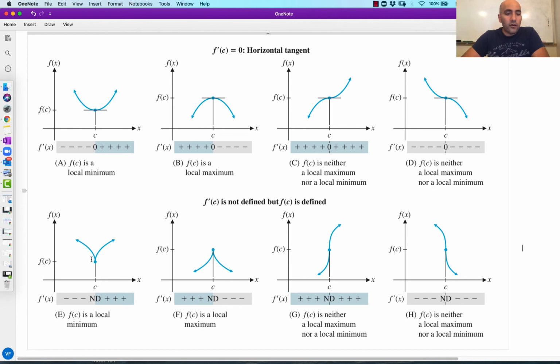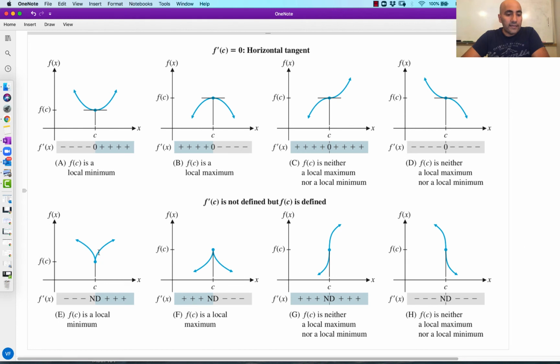So graph-wise, it could be that we have a sharp corner there, right? Places where we have a sharp corner, the function is defined there, but the derivative is not defined there. Or it could be somewhere where the graph goes completely vertical for a second, like in this example or this example.